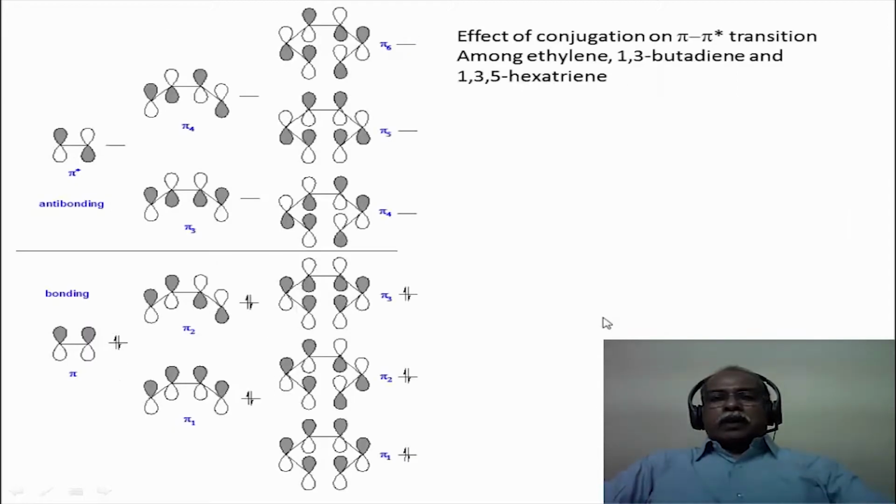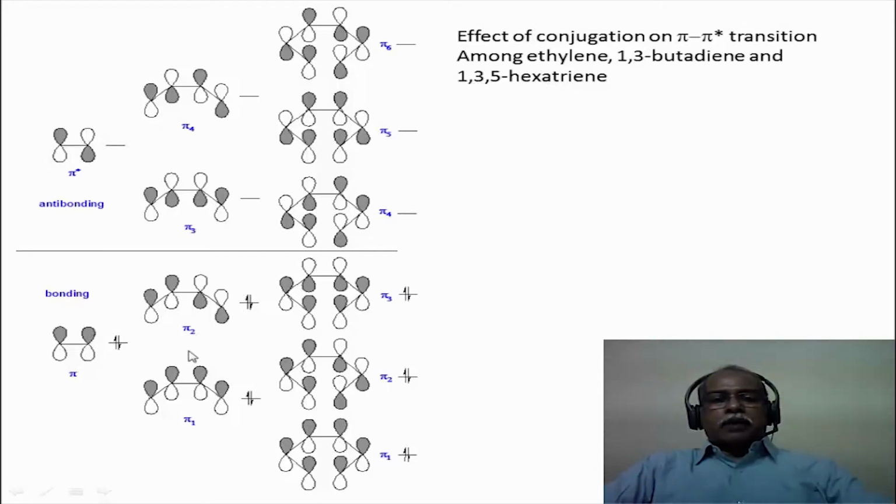In addition to solvent effect, conjugation has a very high effect on the transition of the pi to pi star level. Now here is the molecular orbital picture for ethylene, butadiene and hexatriene. You can go on in the homologous series. What is important is that this is the pi molecular orbital of ethylene and this is the pi star molecular orbital of ethylene.